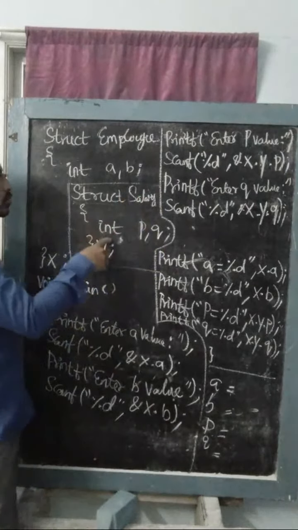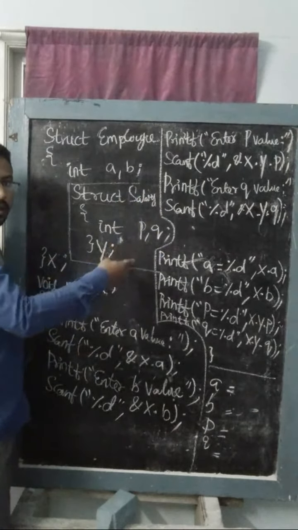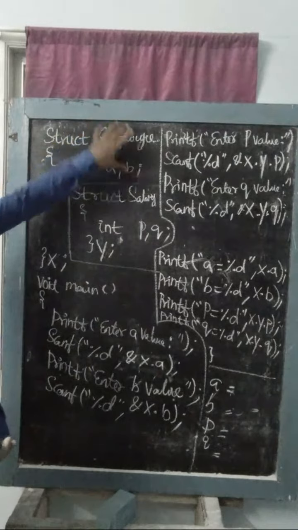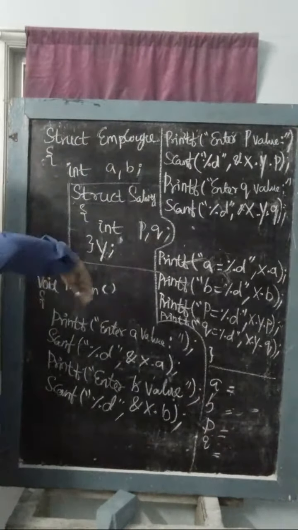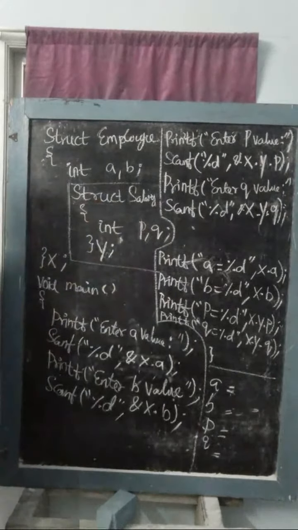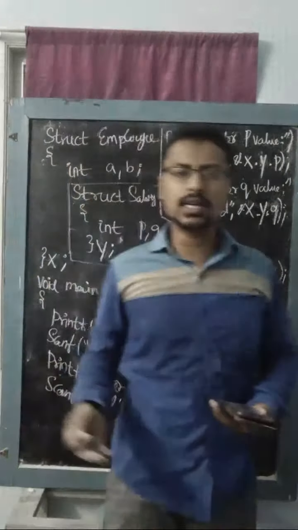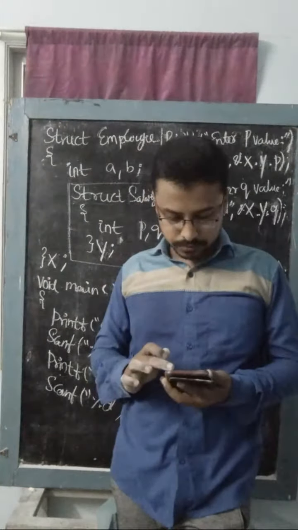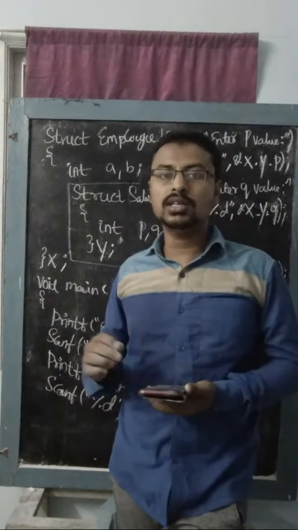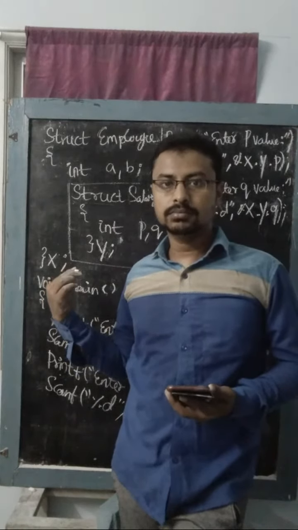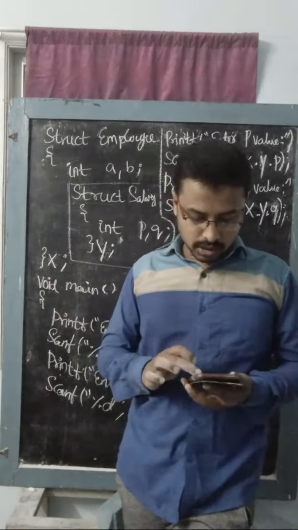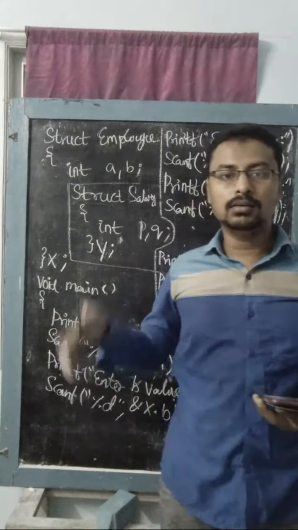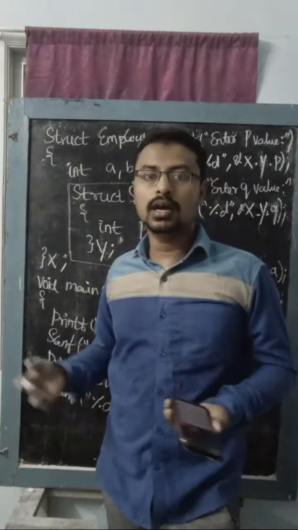Salary consists of only salary details. But anyway, salary is for the employee, but employee is a different structure and salary is a different structure. Based on the needs, there are so many needs to implement a structure within a structure. I will explain surely tomorrow. I will explain what is the real-time example. I have a little bit of an idea, so I will go through it and tell you by tomorrow.